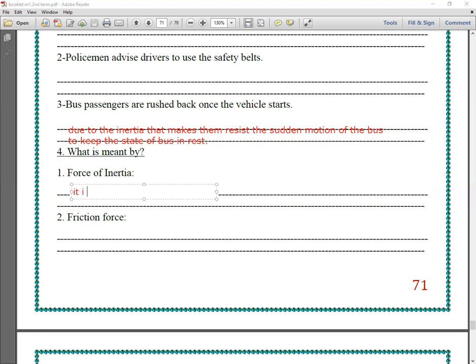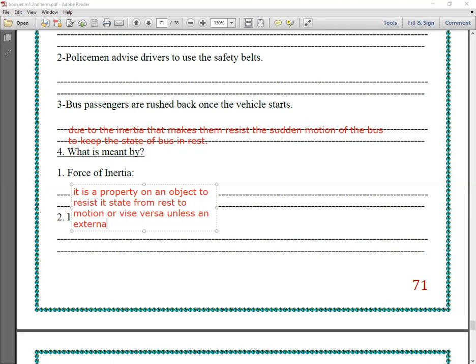It's a property of an object to resist its state from rest to motion, or vice versa, unless an external force acted on it.